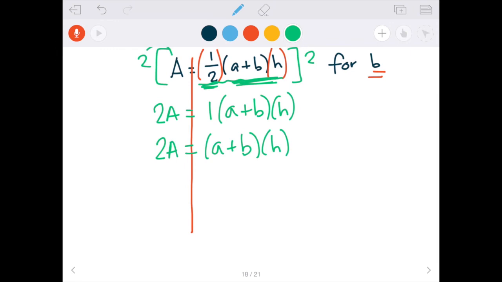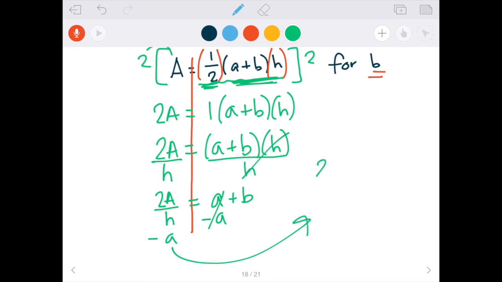Now, before I can touch the a plus b, I really need to get rid of that h. I'm going to divide by h because that will cancel out. And here I can drop my parentheses. And now what I need to do is subtract a. And what we're going to end up with is 2a over h minus a equals b.